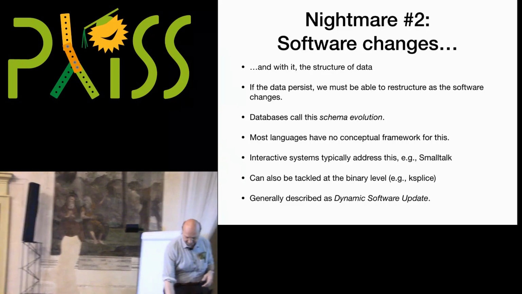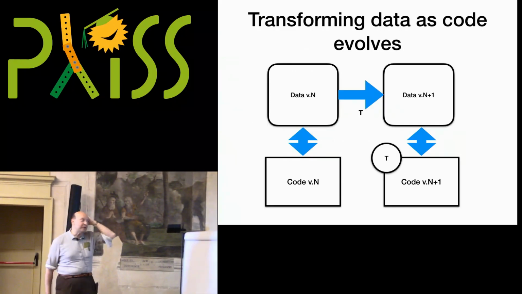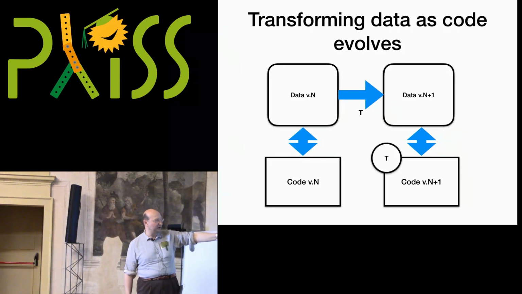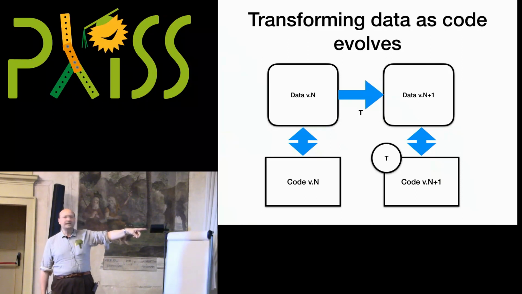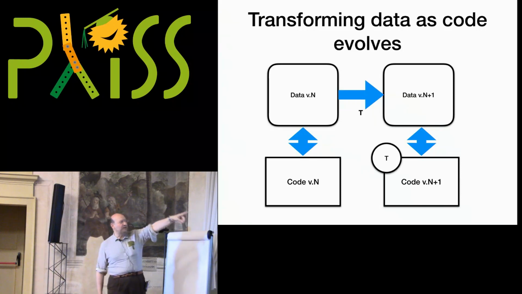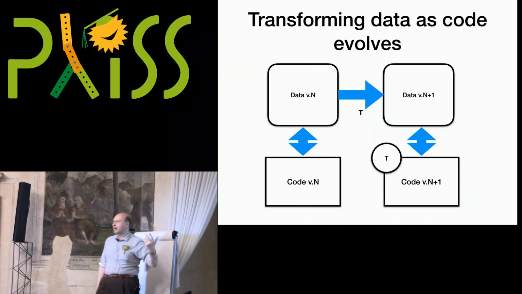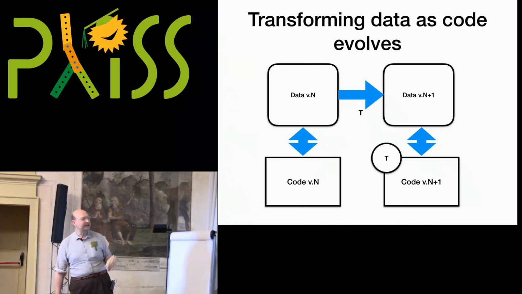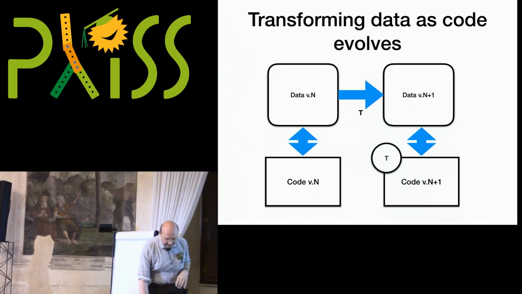So what are the challenges of transforming data as code evolves? On the top you have some data, and on the bottom you have code. You're transforming in a step from some version n to a version n+1. So we need to transform the data from n to n+1, and hence we have to provide some kind of function that maps our existing data to our new data structure, and it will presumably run in our new version.